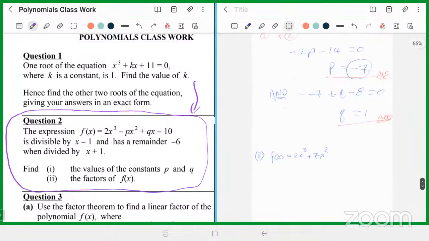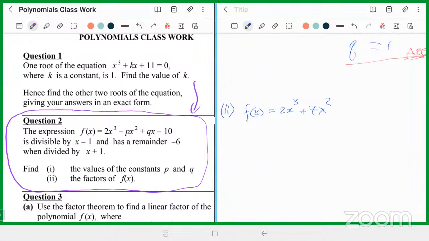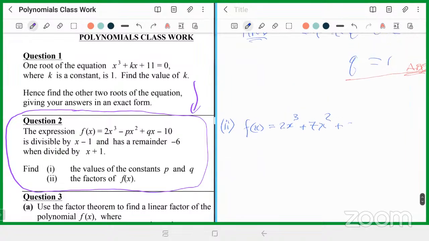And then now I'm getting a plus qx where the q is 1, right? So that's just a plus x and then minus 10. But I already know that x minus 1 is a factor. So to factorize this down, I just need to divide by the factor that I have. So I'm going to divide by the x minus 1.